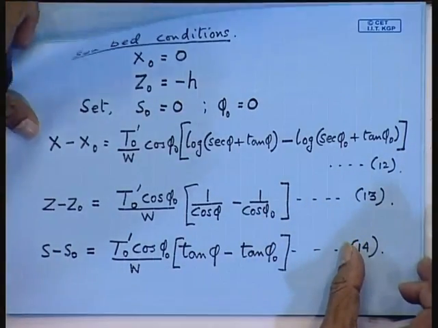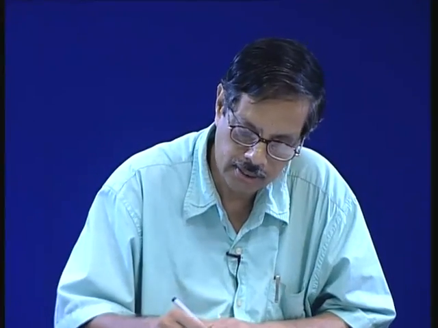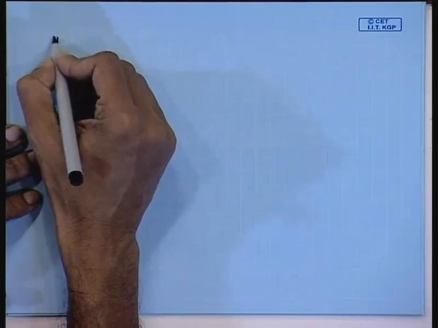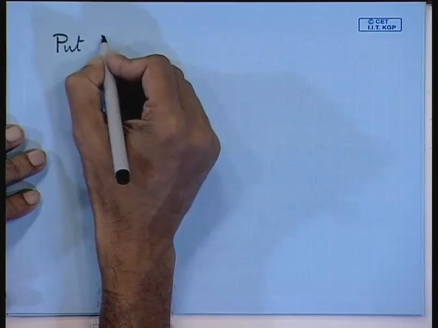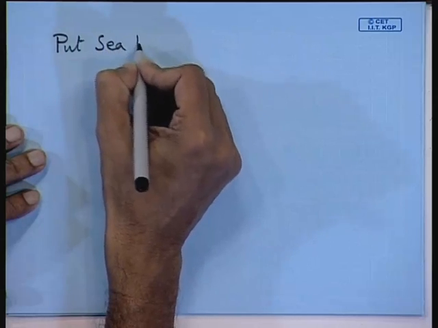So you simplify 14, put seabed conditions in 14.